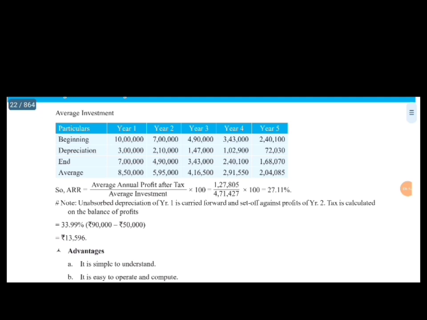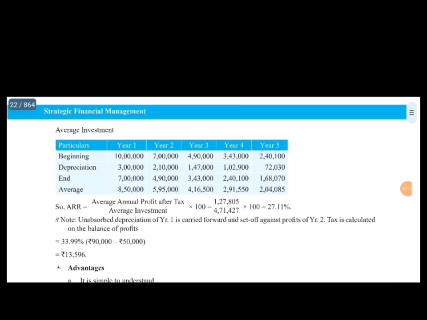The end amount is the amount after depreciation, 4,90,000. So average is the beginning and ending divided by 2, that is this 8 lakh, that is the average amount. That is how to calculate these averages: beginning amount plus ending amount divided by 2.